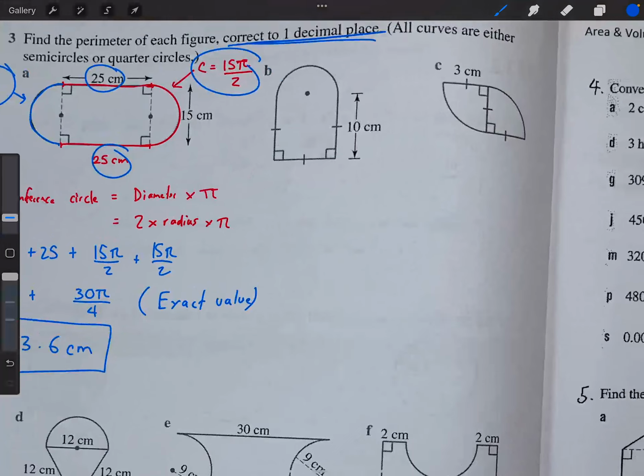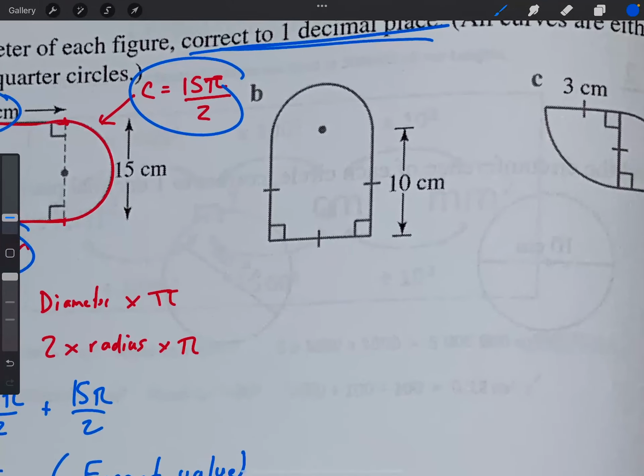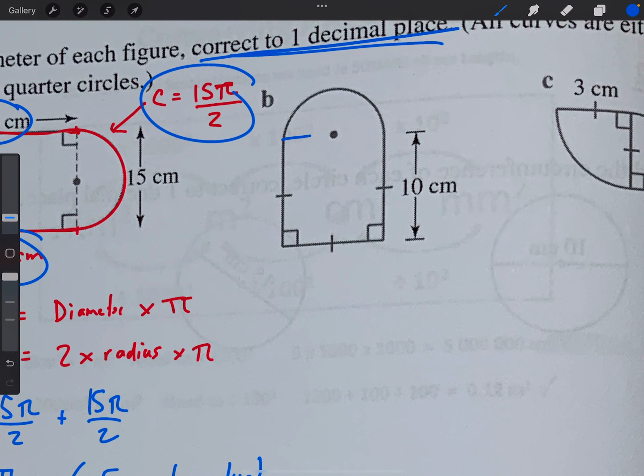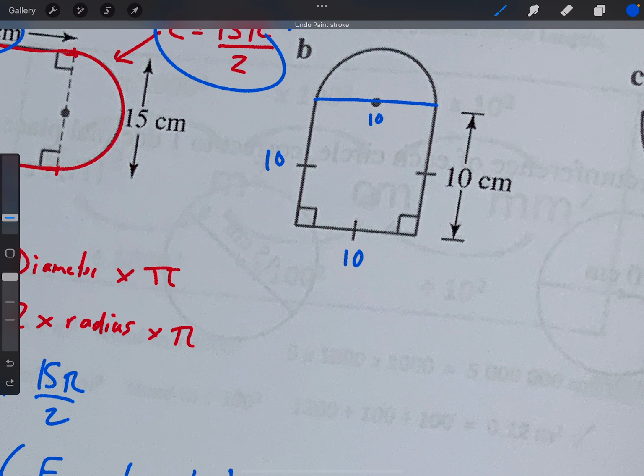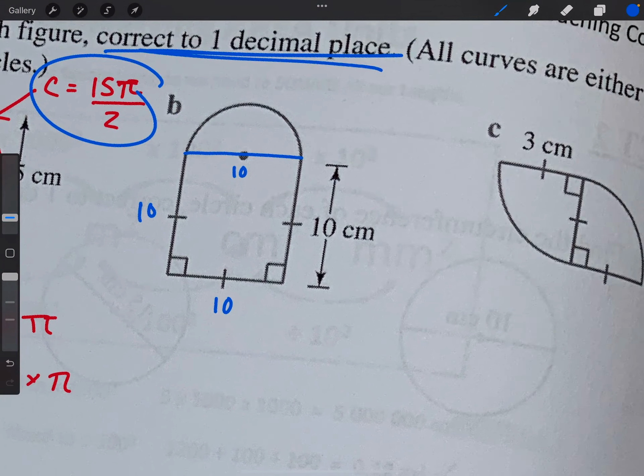Okay. Question B. Alright, we have a semicircle, so this is 10, this is 10, this is 10, and this is also 10 from here to here. Now, we need to find the circumference of this semicircle.